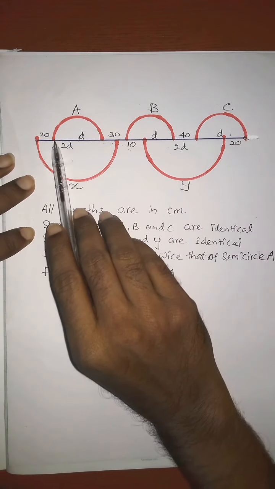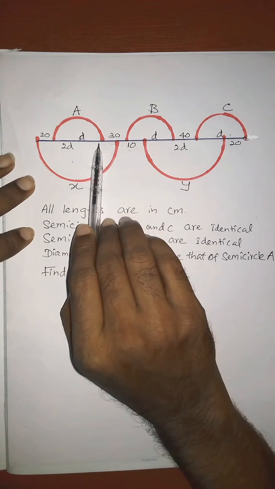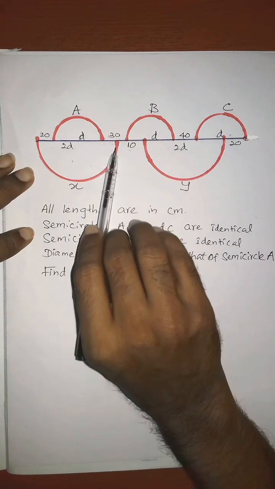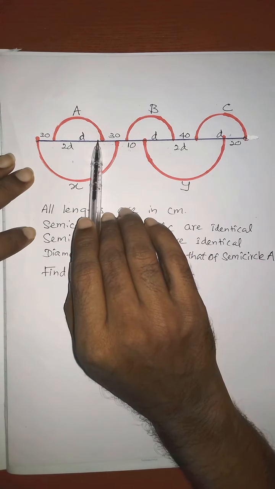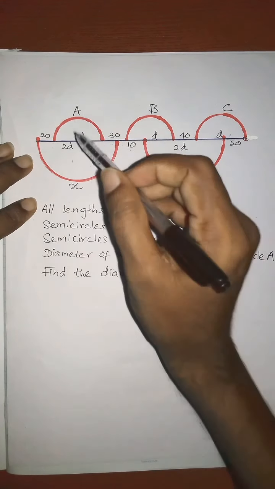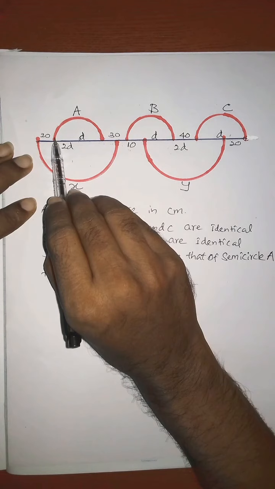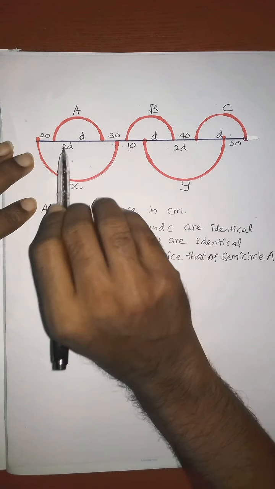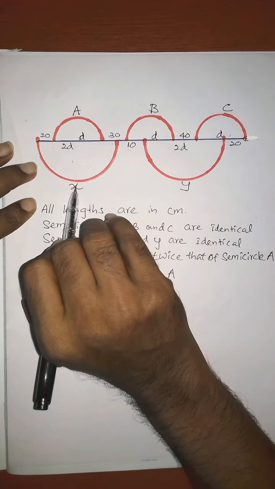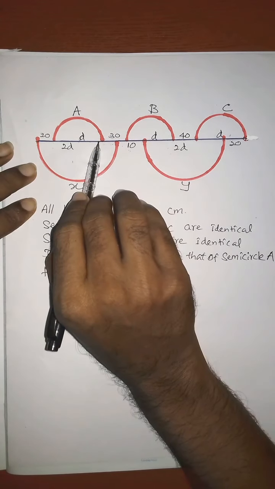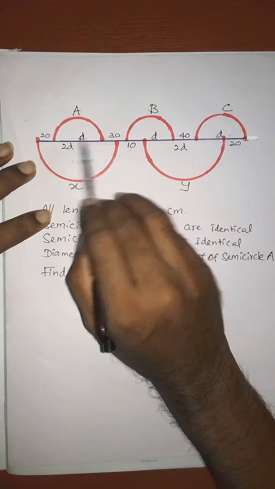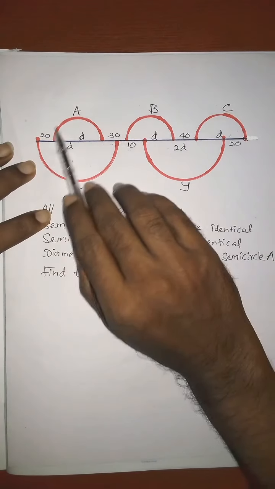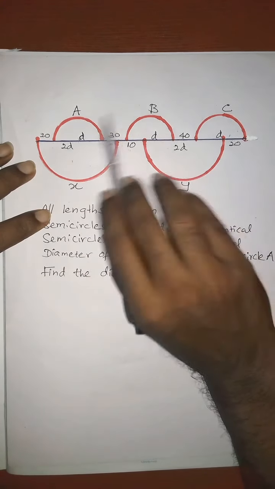Say the diameter of the semicircle A is D. The diameter of the semicircle X is twice the diameter of semicircle A, therefore the diameter of semicircle X must be 2D. Then if the diameter of semicircle A is D, the diameters of semicircles B and C also must be D each, because A, B, C are identical semicircles.